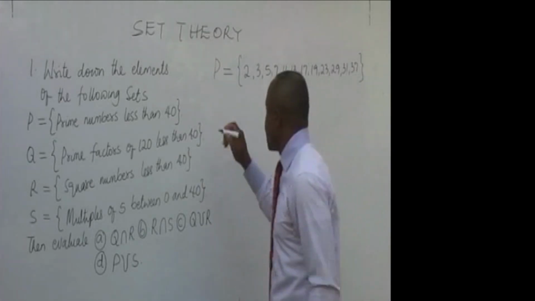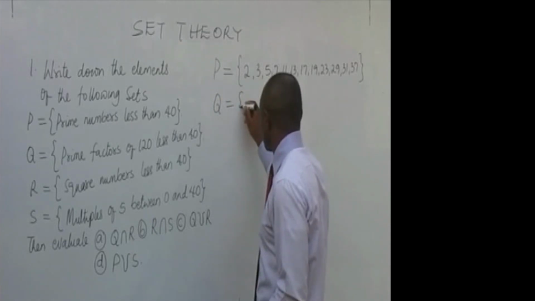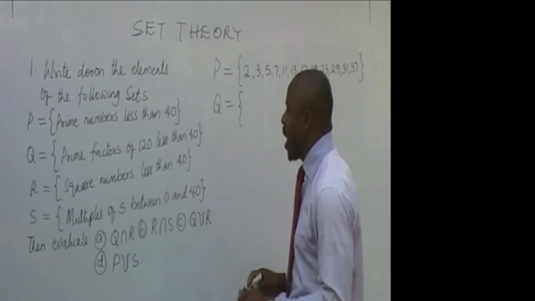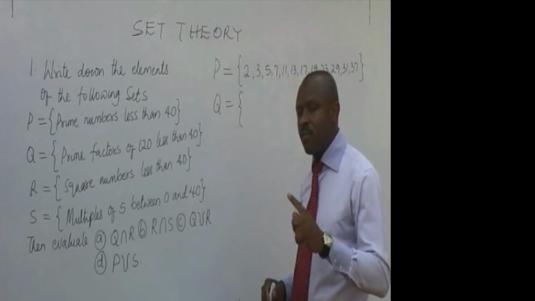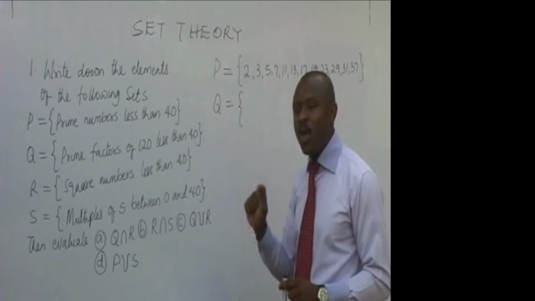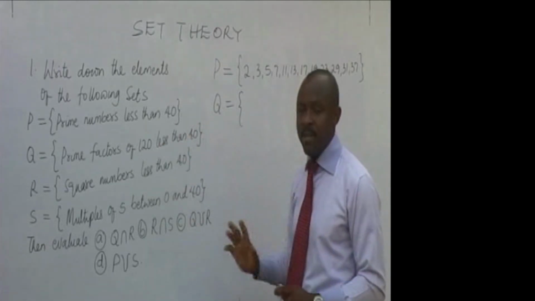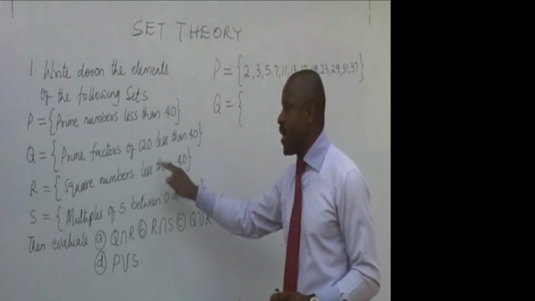The second one is Q. Q is prime factors of 120 less than 40. Prime factors of 120 are simply those prime numbers that can divide 120 without a remainder.